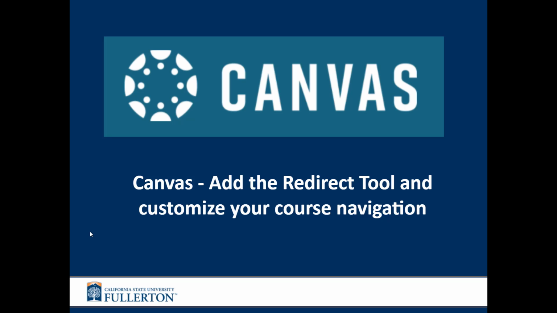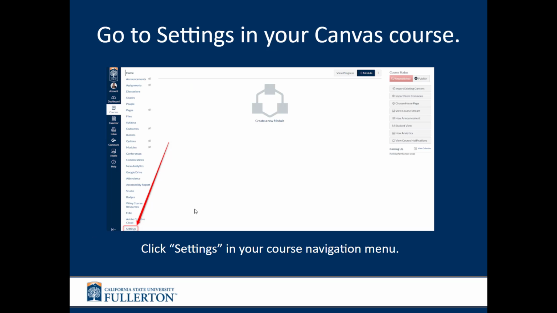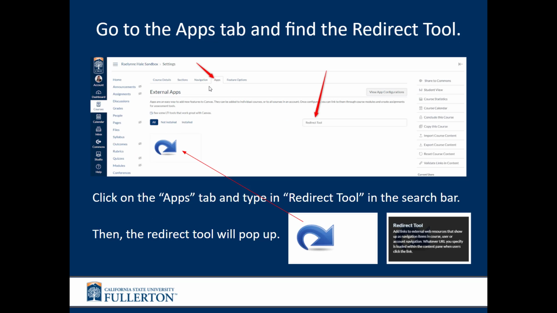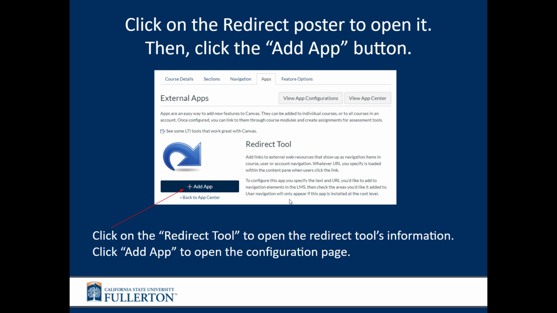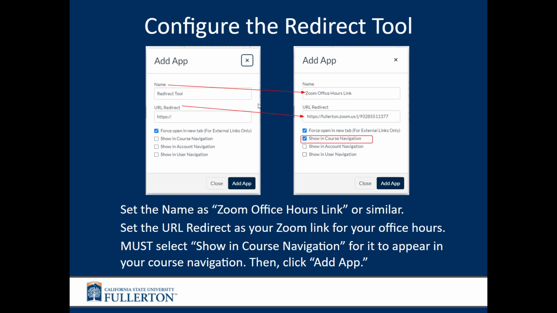Now, let's talk about the redirect tool and how to customize your course navigation. We can go back to Settings in our course. Then we're going to go to the Apps tab and search for the redirect tool. It looks like this. Next, we're going to click Add the app. We'll put the name that we want for the course link that's going to show up in our course navigation.